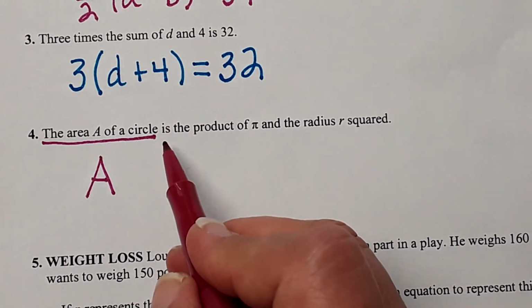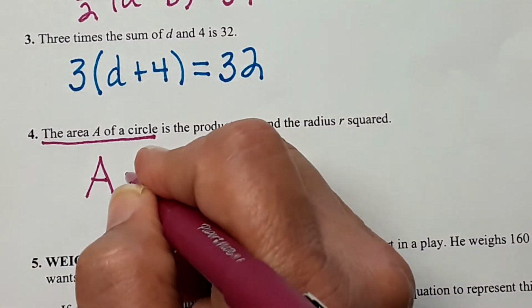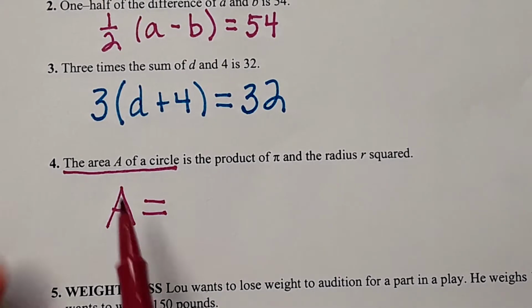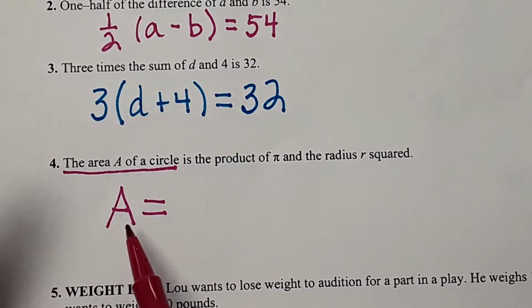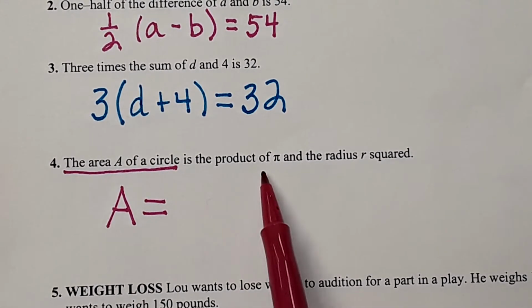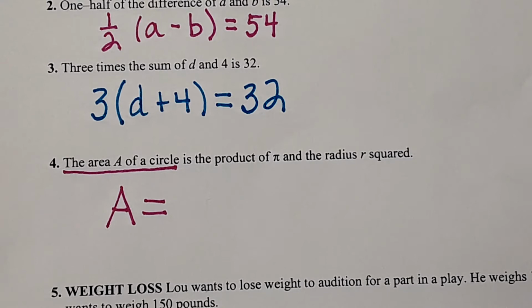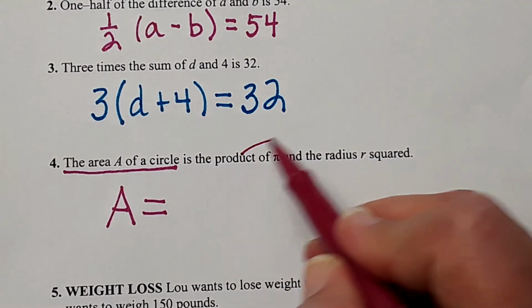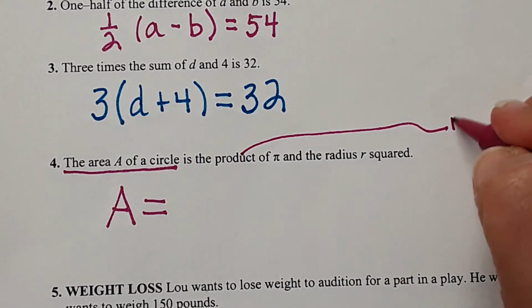What is? Equals. Okay, so everything before is this A, and now it says the product of pi and r squared. So what am I going to put first? What does product mean? Product means multiplication, so I just want to write a little note. Means multiplication.